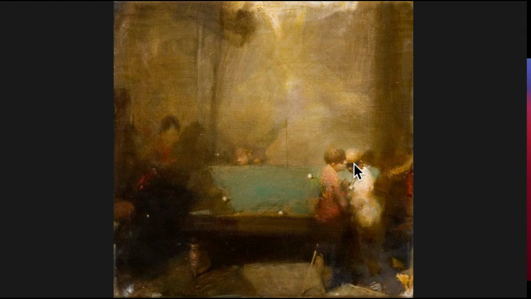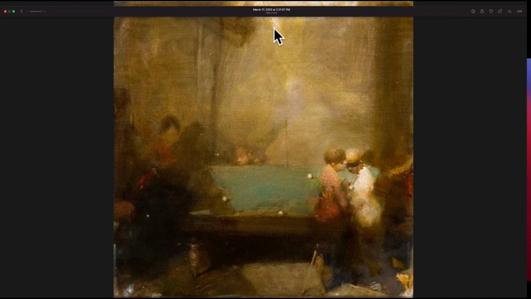Oops, on the wrong screen. Sorry, guys. Big, dark. Rather than a diagonal, it is horizontal. And then the blindfold. And then what's his light doing? You see that?